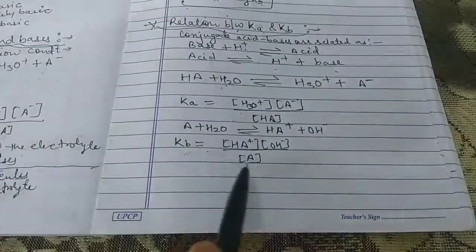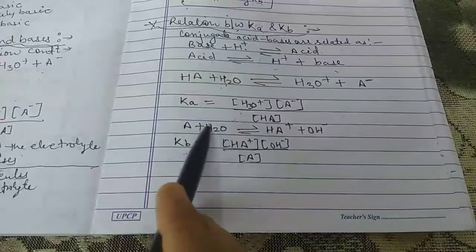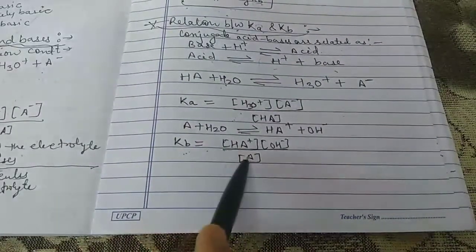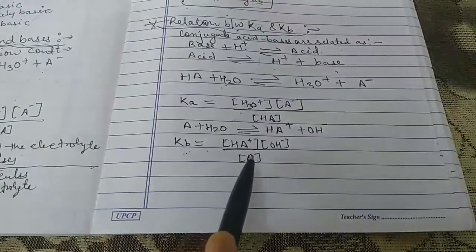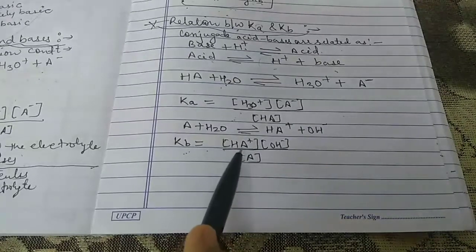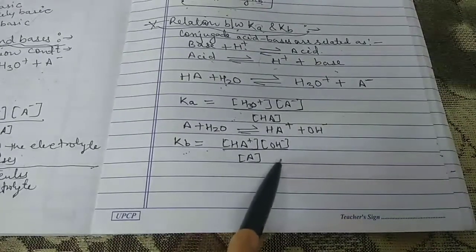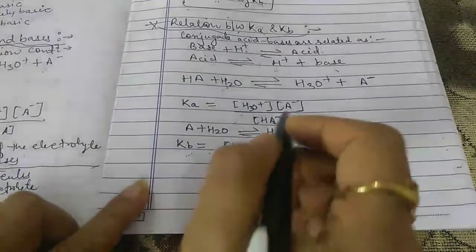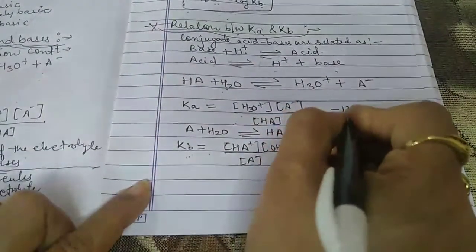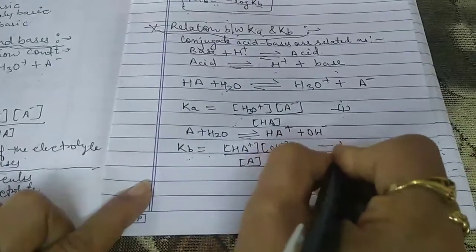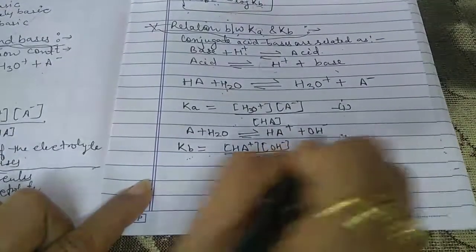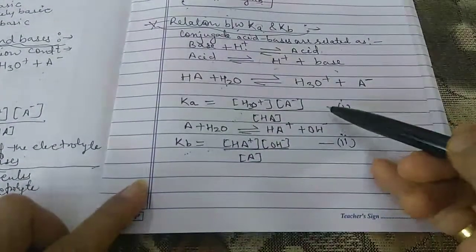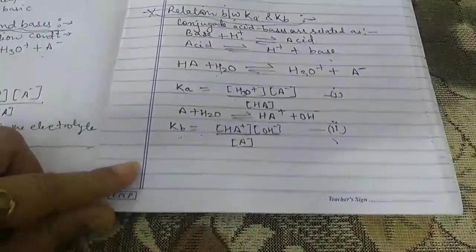Here again I am not writing H2O because the concentration of water always remains constant. Now let us assume that this is equation 1 and this one is equation 2.